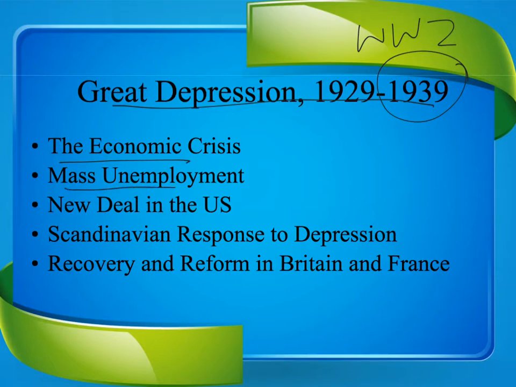So all of this, of course, led to mass unemployment. The lack of large-scale government spending contributed to the rise of massive unemployment. And large-scale unemployment caused a dramatic increase in poverty, even though in most countries, unemployed workers did receive some type of unemployment benefits or some type of public aid that would at least prevent starvation.